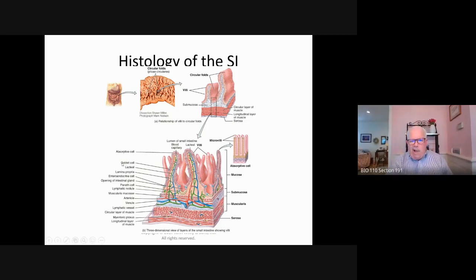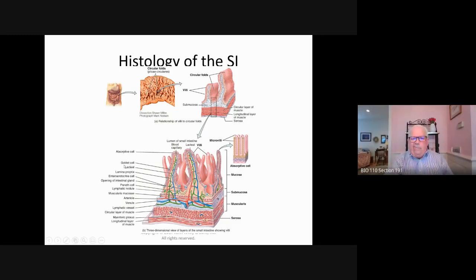You also have goblet cells. Whenever you see that word goblet, it's filled with mucus. So the mucus cells of the small intestine are called goblet cells. You also have, in the small intestine, lacteals.